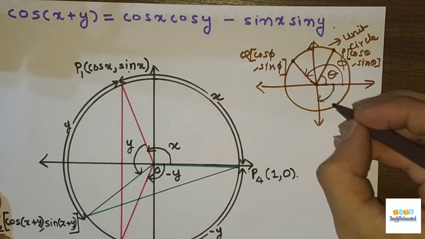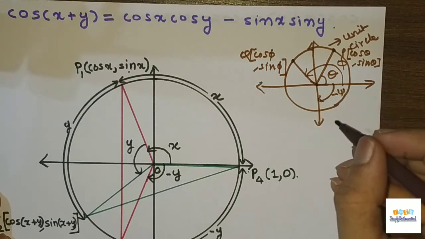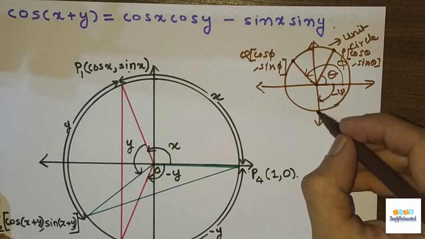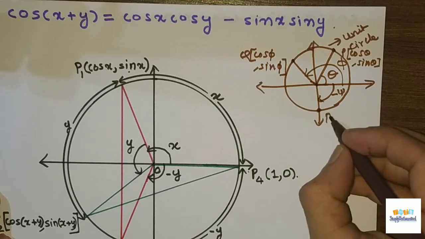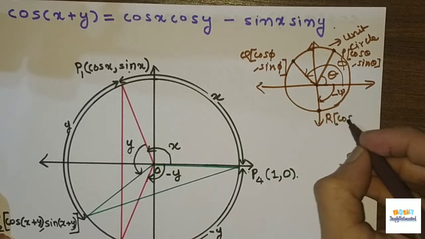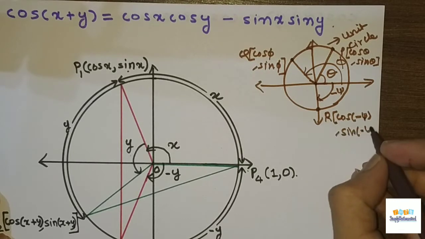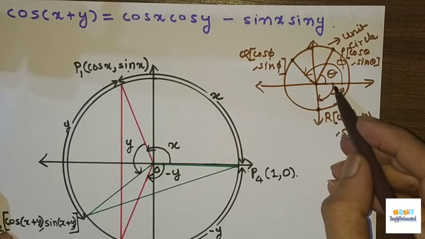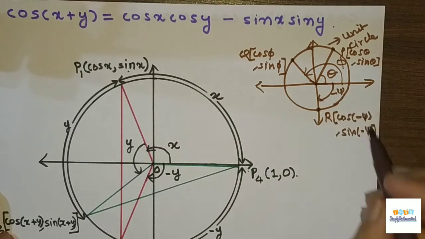Now suppose you have an angle, say, minus psi, here. The point here, let us call it R, will be nothing but cos of minus psi comma sin of minus psi. Because the angle here is negative psi, since you are going in the clockwise direction, the angle is minus psi.